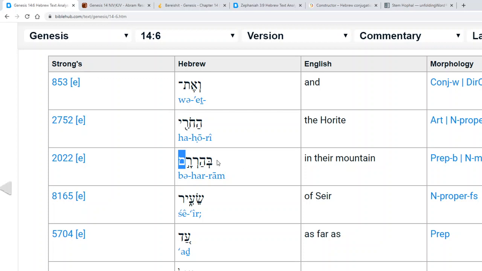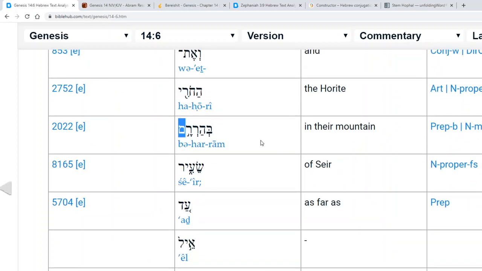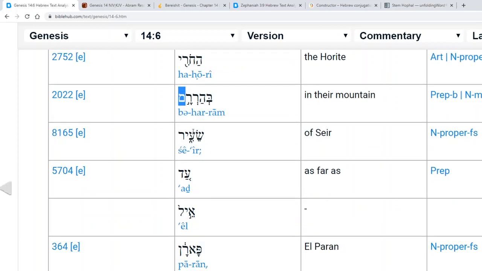I would actually probably translate that hararam as a proper name, Har Seir, the mountain of Seir. Haram Seir may be a place. I mean, Seir is obviously a proper name.